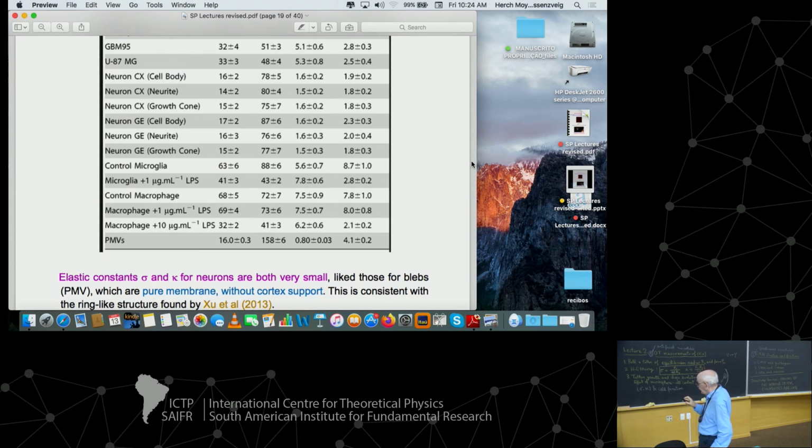Also, you can see the connection with cell function, because the elastic constants sigma and kappa for neurons are both very small. And they are very similar to those which we also measured for blebs. Blebs are just cell protrusions. For instance, I showed you the cell in apoptosis, it was blebbing.